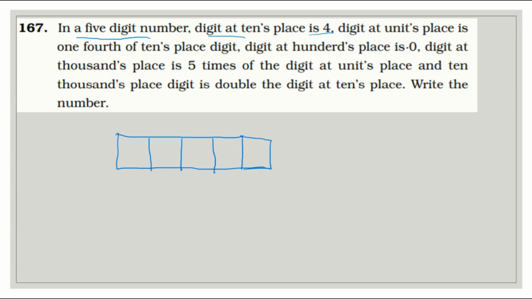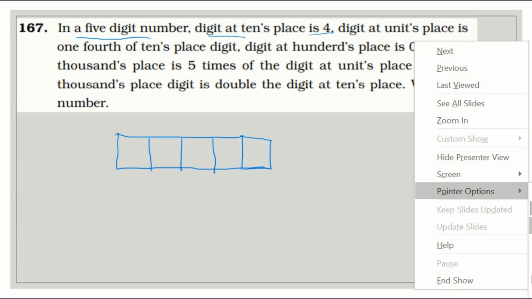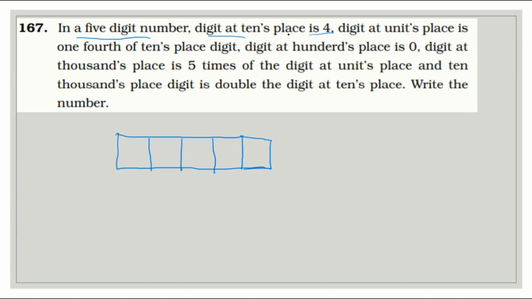We already have the tens place digit given as 4. The digit at the units place is 1/4 of the tens place digit, that is 4. So 1/4 of 4 is 1. So 1 comes in the units place.